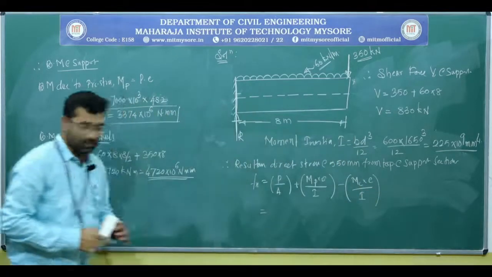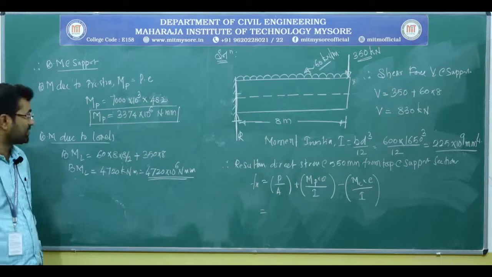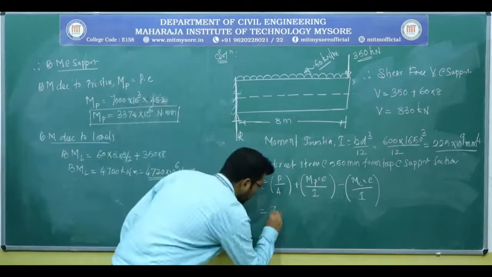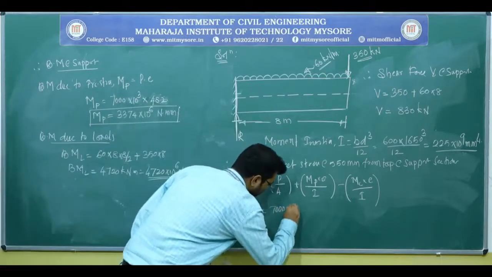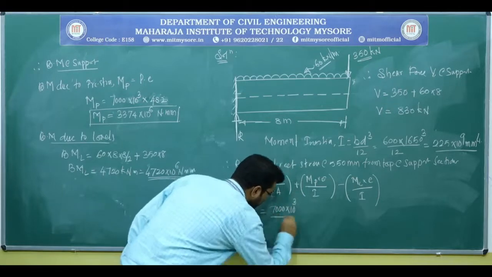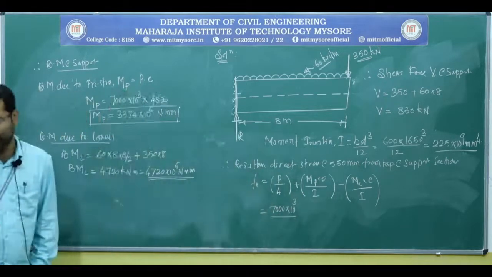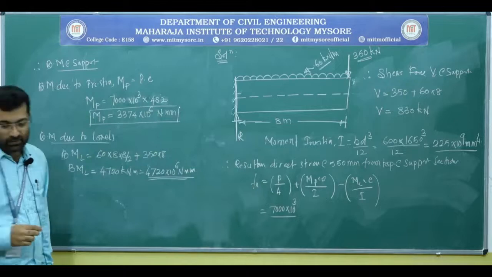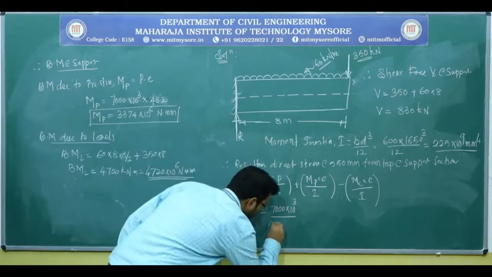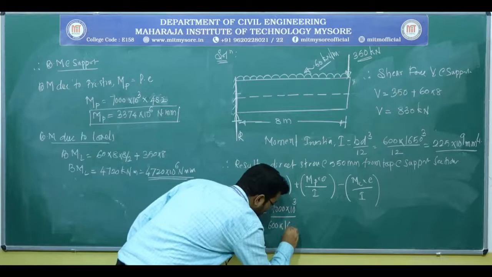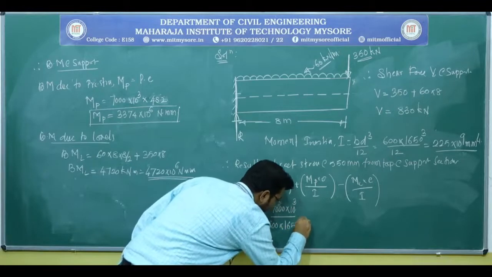So if I substitute the value here, how much is the pre-stressing force? Pre-stressing force is 7000 kilonewtons. So 7000 into 10 to the power 3, that is newtons, divided by cross section area. Cross section area is 600 into 1650.